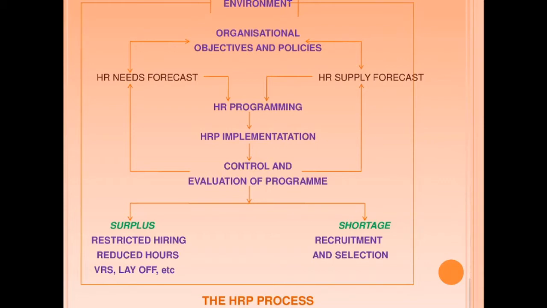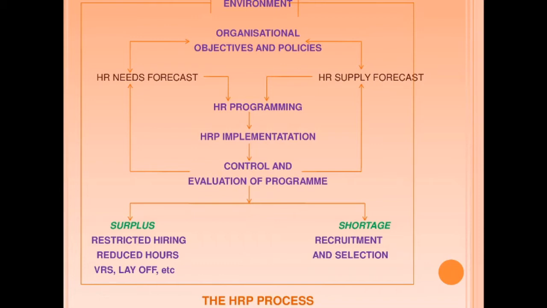The first step, as we can see, is the organizational objectives and policies, where HR plans need to be based on organizational objectives, and the role of HRP is to help in achieving the overall objectives by ensuring availability and utilization of human resources.